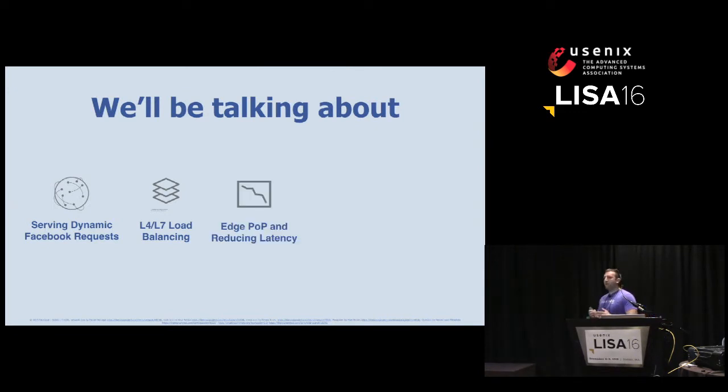Next, we'll talk about how we deploy servers around the world in internet exchanges and co-location facilities to reduce latency, and how just by having servers in the region of the people who are using Facebook, it dramatically increases the performance. Lastly, we'll talk about DNS load balancing. We'll talk about how we determine where you are in the world, geographically and usually network-wise, and how we do DNS-based load balancing. And lastly, I'll open it up for Q&A, and you guys can ask any questions about load balancing, Facebook, production engineering, anything at all.